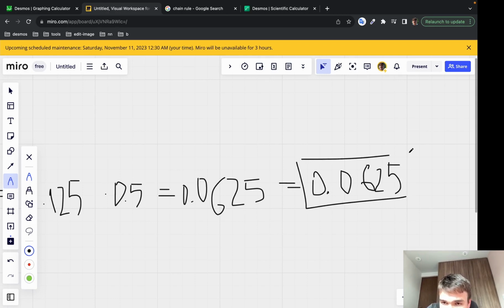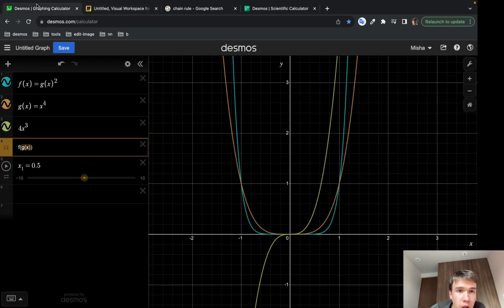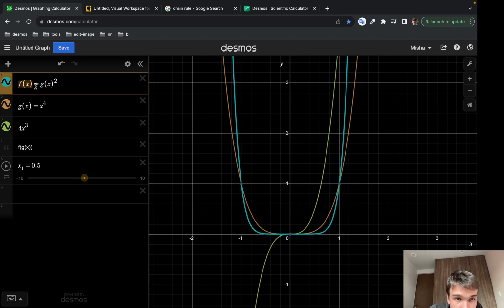And let's check this out right now. So we go to Desmos and check if our derivative was correct. Desmos by default will calculate the derivative. If we take the derivative of f of x, it will, behind the hood, calculate the derivative of the inner function and then multiply it by the outer derivative. But I don't want to do it in such a way.